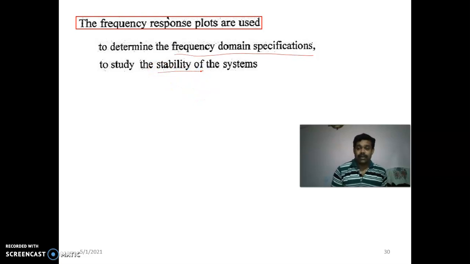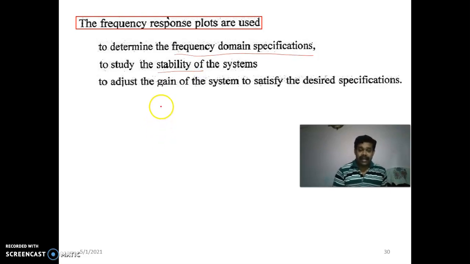We can check whether the system is stable, unstable, or marginally stable using these plots.